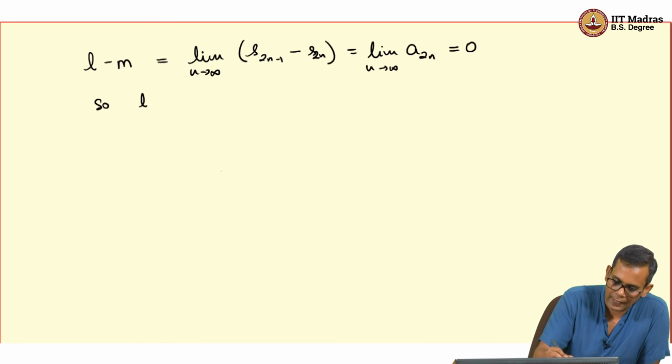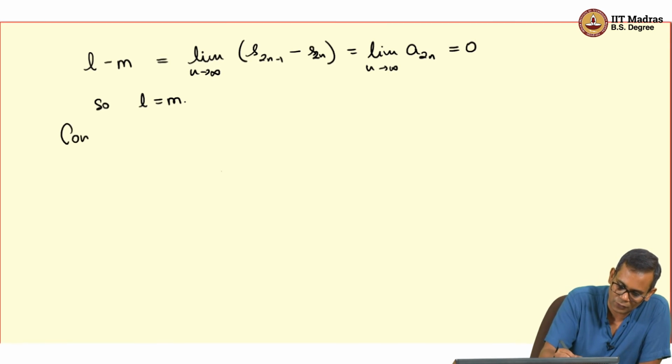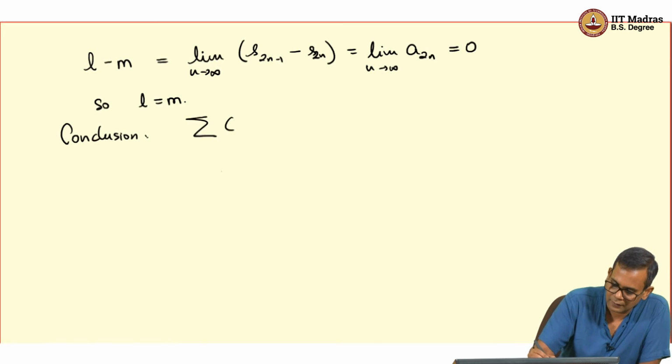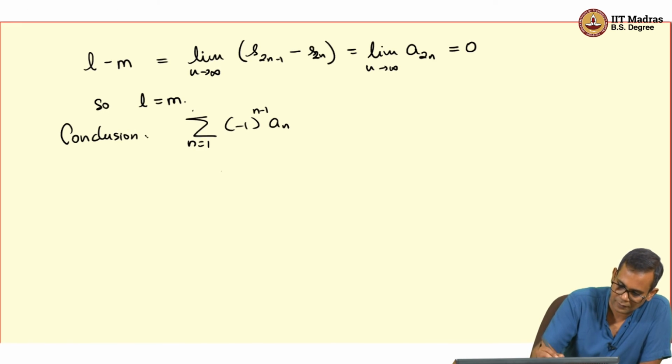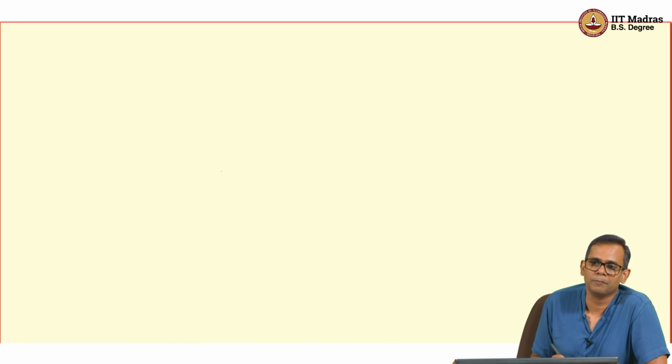So, L is equal to M. And so, what we have is that this is the common limit of both the sequences of the even partial sums and the odd partial sums, and we can conclude that this series converges to L.